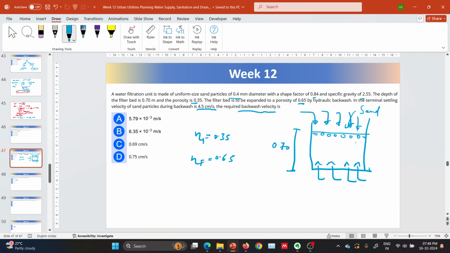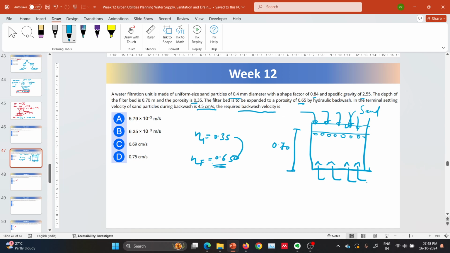During backwashing, this height will increase, there is more space between the particles, and because of that the porosity increases.